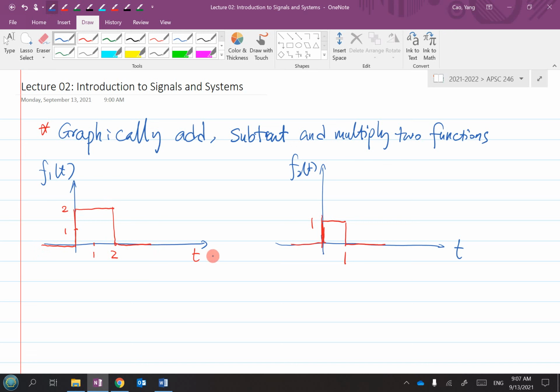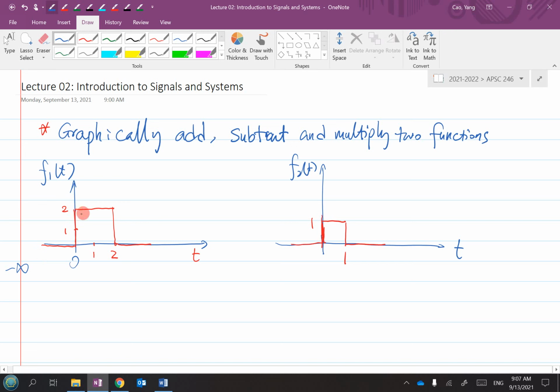Okay. So as you can see, if this is negative infinity, as t goes from negative infinity up to 0, the value of this function is always 0. And then at t equal to 0, there is a 90-degree jump and it reaches 2.